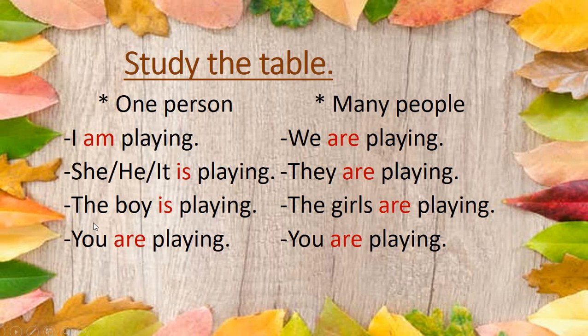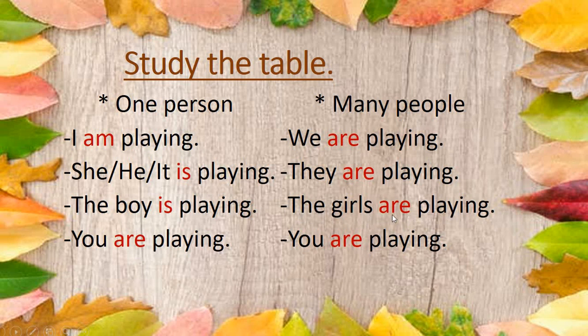Now see. The boy is playing. If there is one boy and we see that the boy is playing, the action is happening now. So the boy is playing. Now if there are many girls playing, what will we use? The girls are playing.